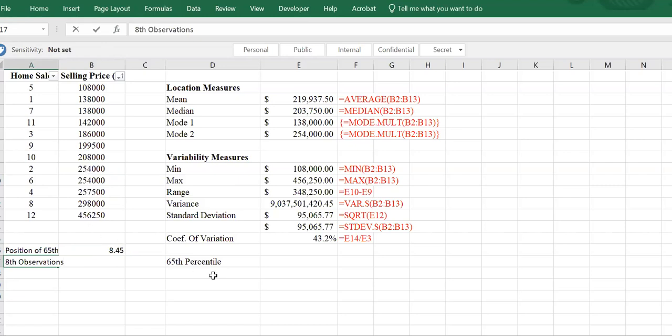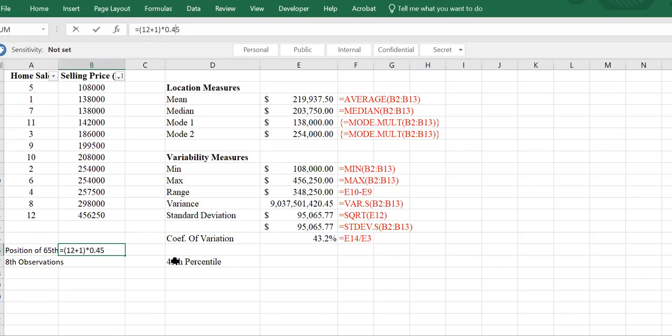So the 65th percentile would be 254,000. Because that doesn't show what we are looking for, I just changed 65 to, let's say, 45, and go from there.